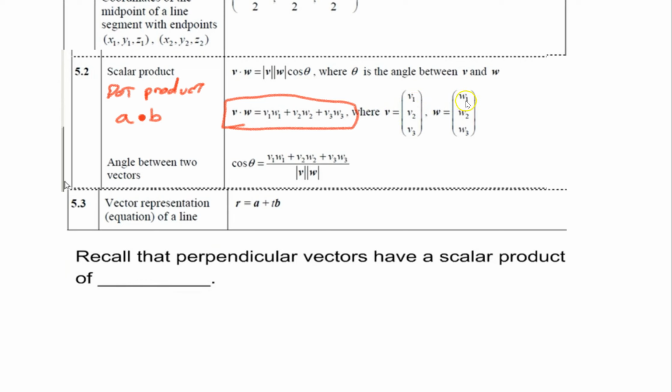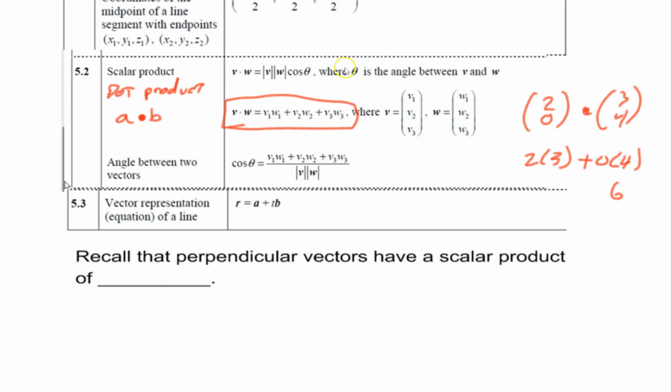I'm going to multiply v1 by w1, v2 by w2, v3 by w3. It's one of the easiest operations in the world. If I give you this and I say dot this with 3 and 4, I just go, okay, 2 times 3 plus 0 times 4. That's a dot product. Easiest thing in the world. Again, if there's three of them, then you multiply the z's also.